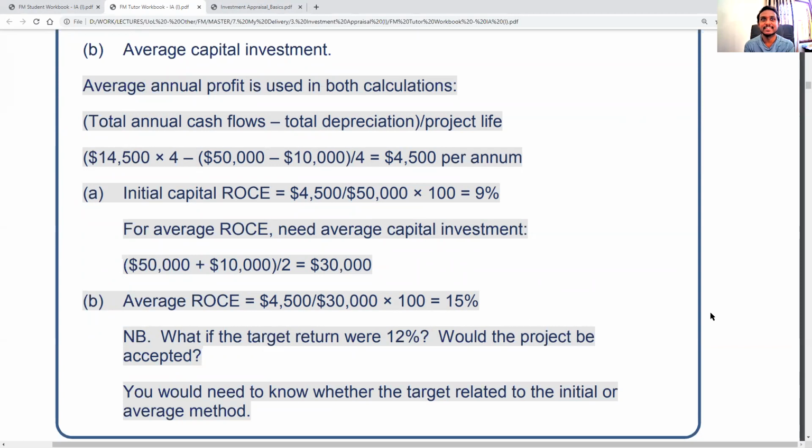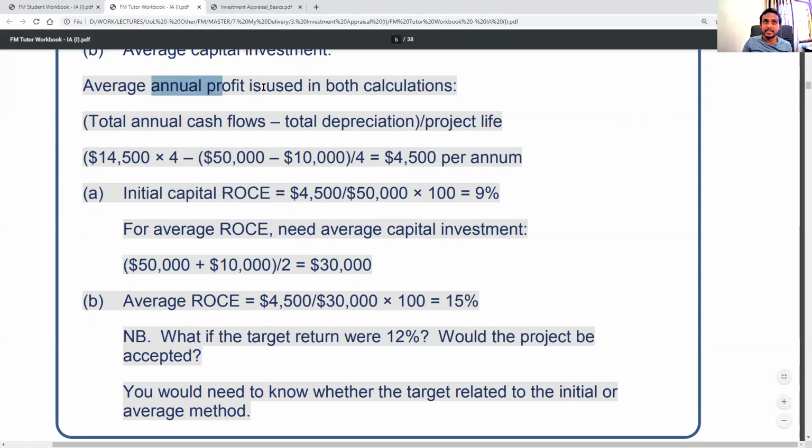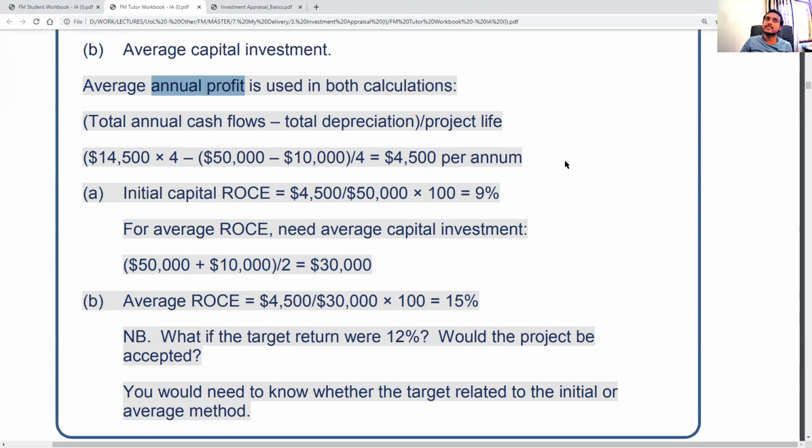I didn't divide by the number of years to get the average profits. Average as in annual profit. You didn't annualize it. Yeah, I didn't annualize it. Exactly.